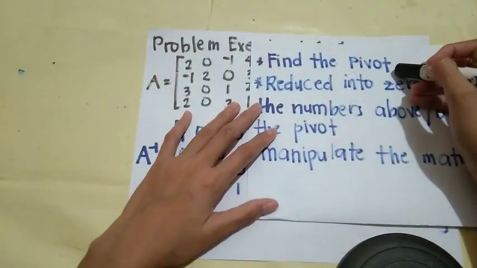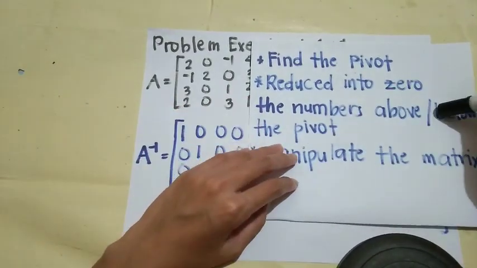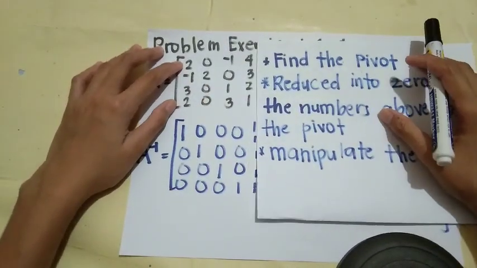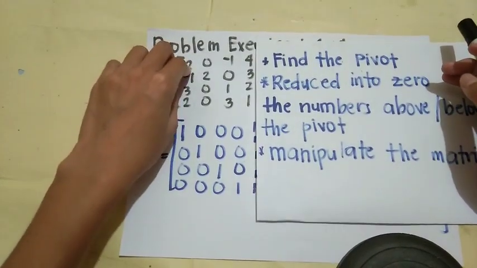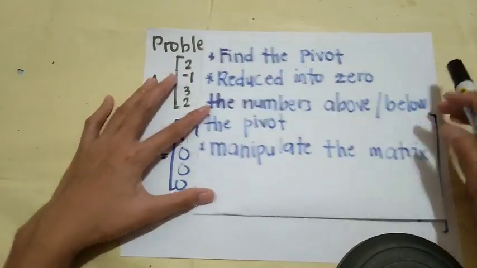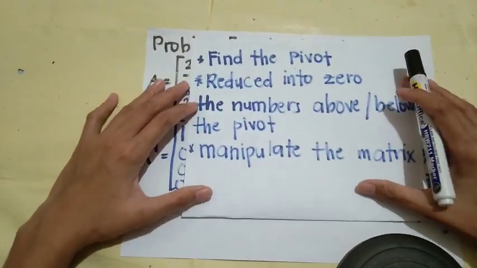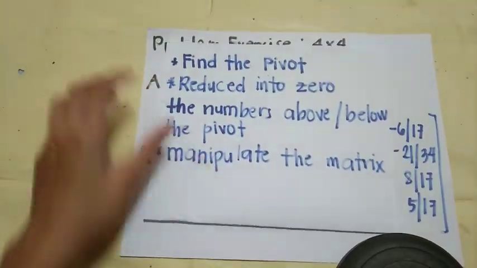Find the pivot. After you find the pivot, reduce to 0 the numbers above and below the pivot. So for example, our pivot here is 2, then you have to reduce the numbers below this one into 0. And you have to manipulate the matrix in order for you to get the inverse of A.